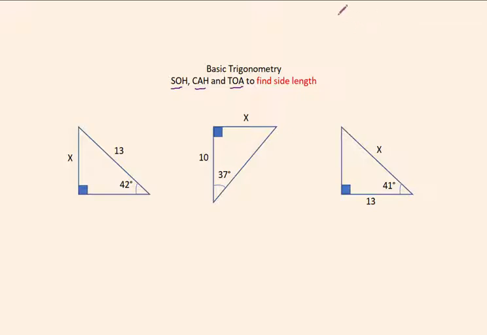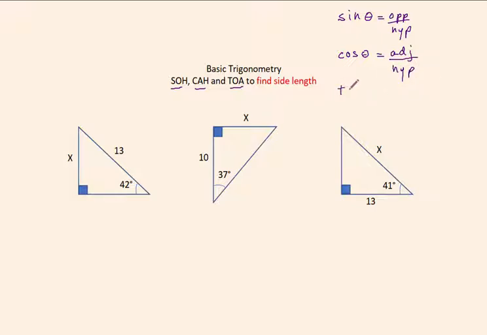So I'm just going to rewrite the equations up here. The sine of an angle, theta, is equal to the opposite side of a specific angle divided by the hypotenuse. While cos stands for the cosine of an angle, and we can find the cosine by dividing the adjacent side length by the hypotenuse.